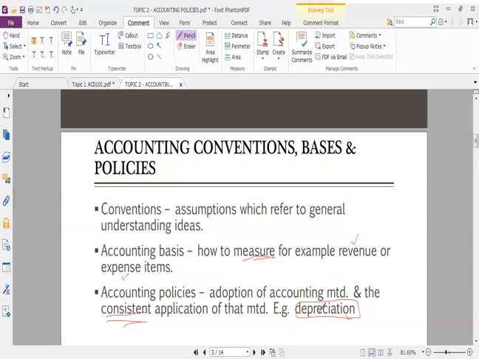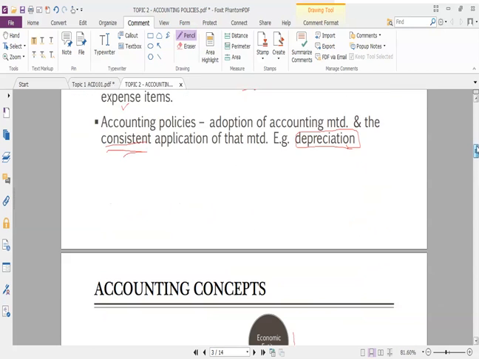How much of the non-current asset do we depreciate? We know that if we use an asset, its value will reduce because of wear and tear, so we value the amount lower than when we first bought it. That is accounting policy.